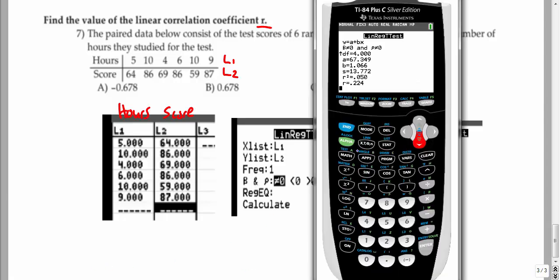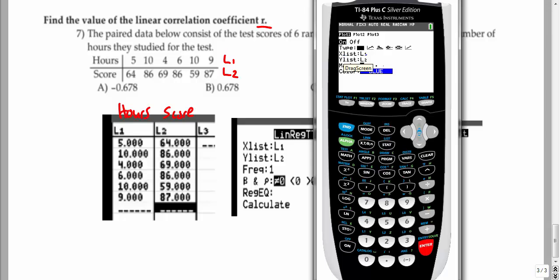Let's go ahead and go to your calculator again, and let's go to second stat plot. And let's go ahead and turn all of our plots off for my case. You might not need to do this. Second stat plot again. And I just want to look at the first one here. So again, I'm looking for a scatter plot. And once I look at the scatter plot, I'll have a pretty good idea of whether it's a positive or negative relationship.